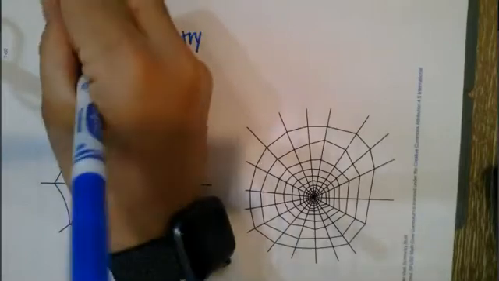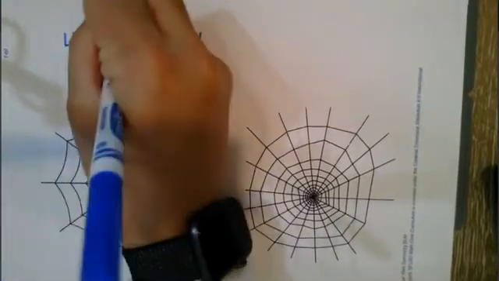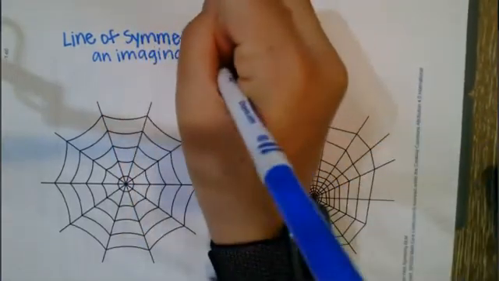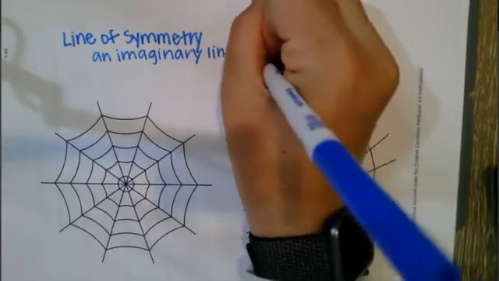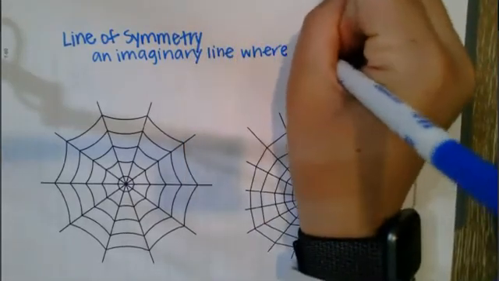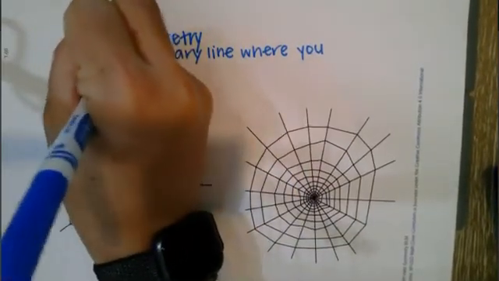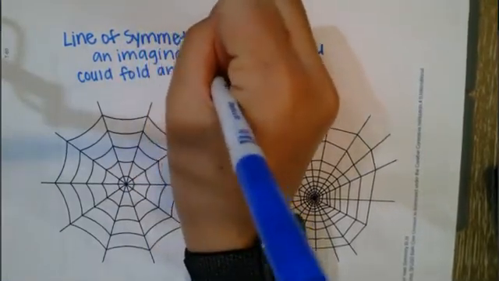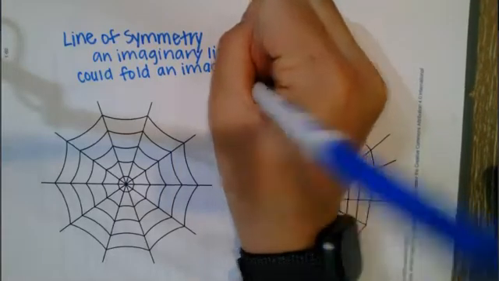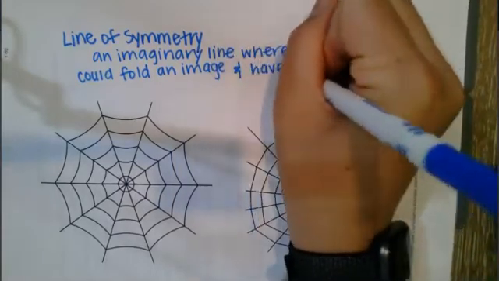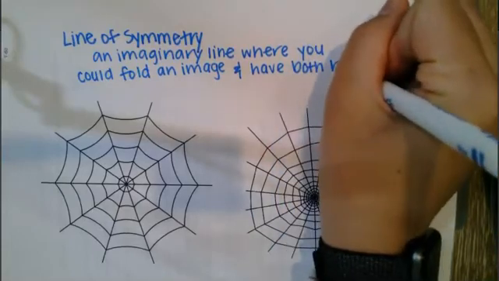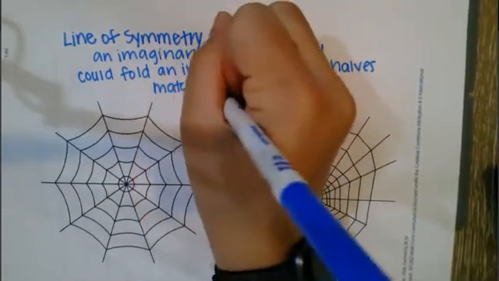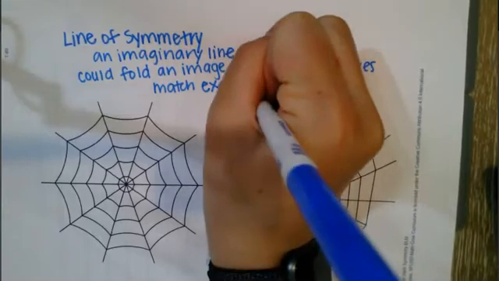The line of symmetry is an imaginary line where you could fold an image and have both halves of the image match exactly. So it's very similar to looking in a mirror.